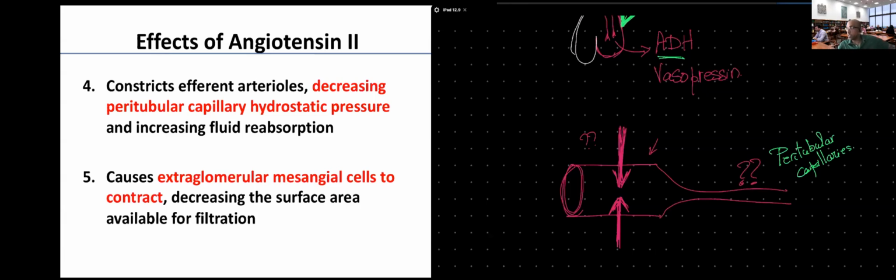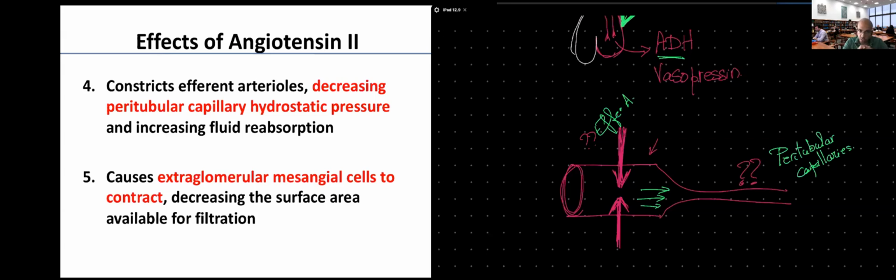So when you constrict the efferent arteriole, would you have more or less blood traveling into the peritubular capillaries? Less.